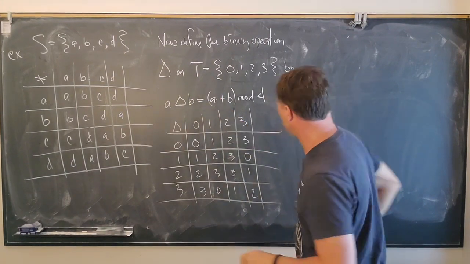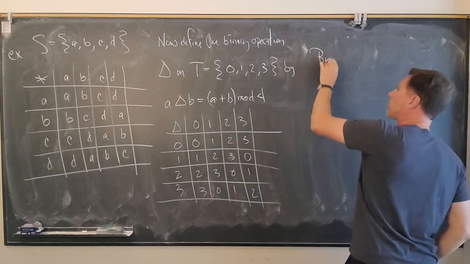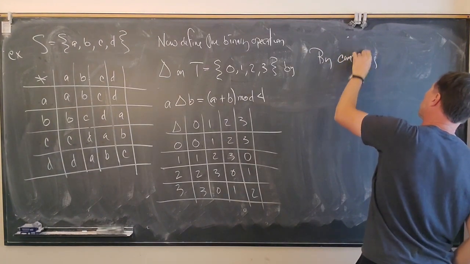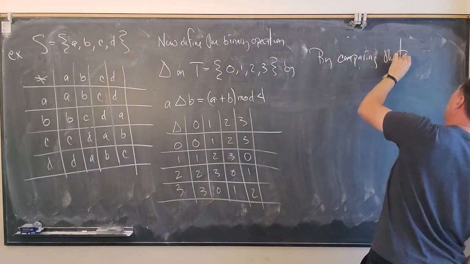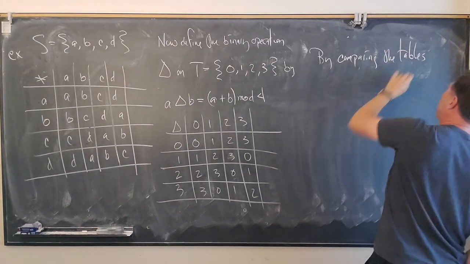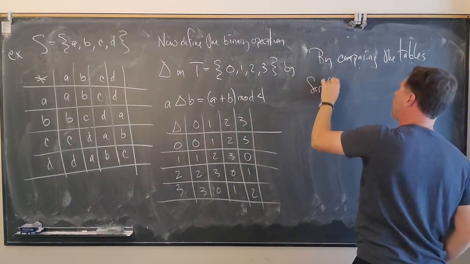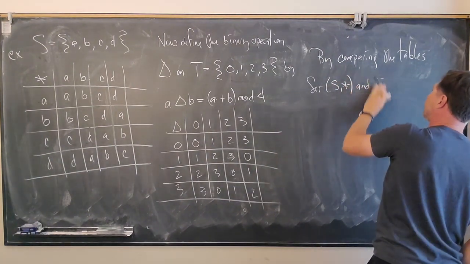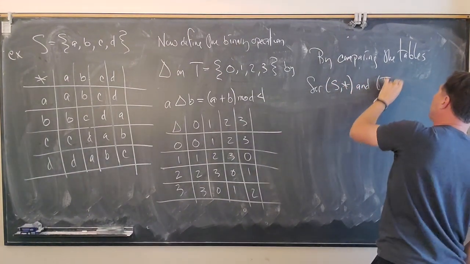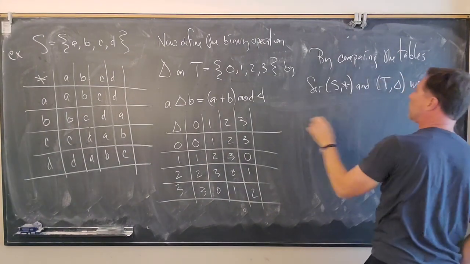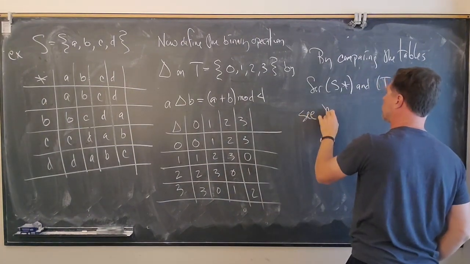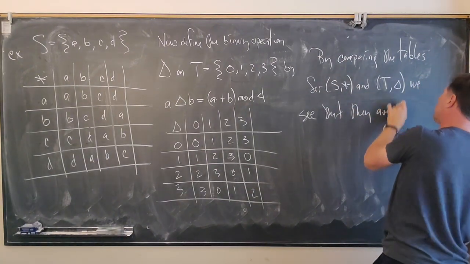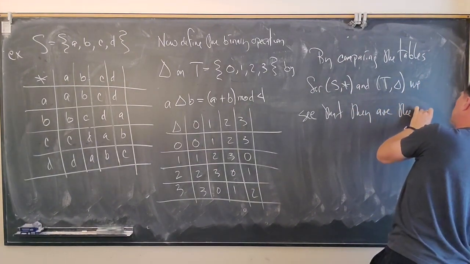Right? So by comparing the tables for S comma star and T comma triangle, we see that they are the same.